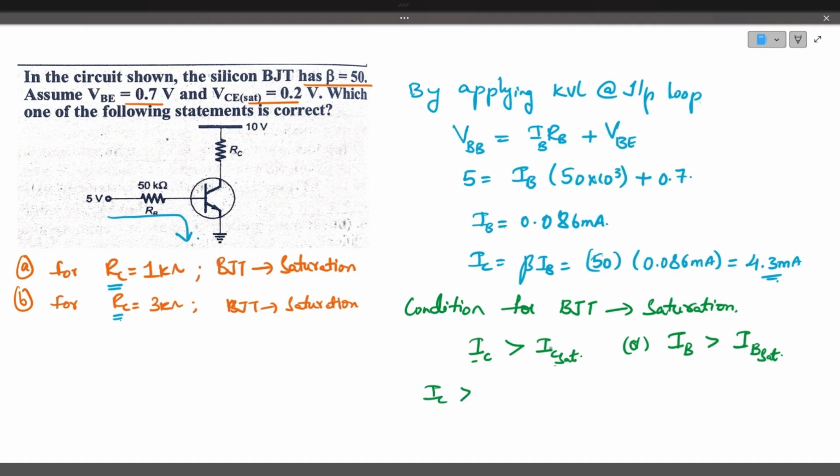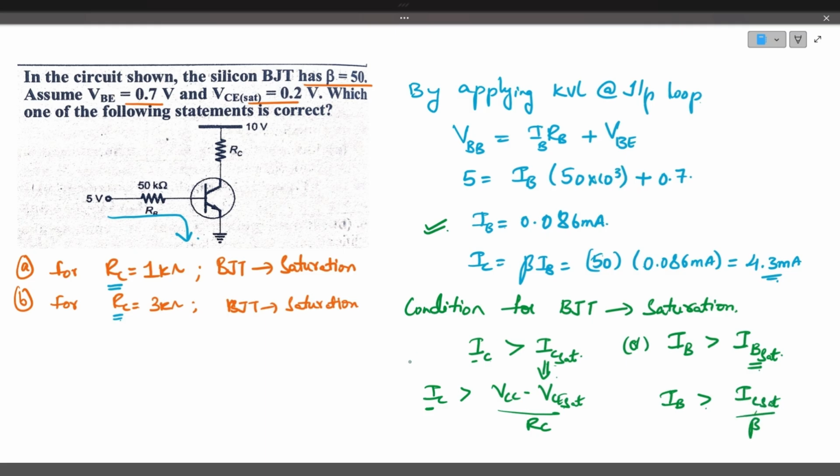The collector saturation current is nothing but VCC minus VCE saturation divided by RC. This is the collector saturation current. You have to calculate it. The flowing collector current we have already calculated. Similarly, IB saturation is nothing but IC saturation divided by beta.